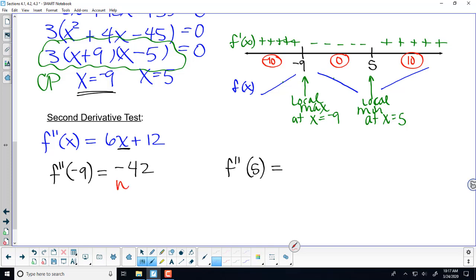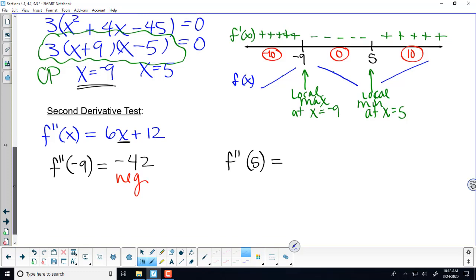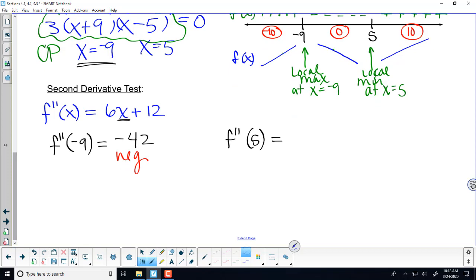The key is that it produces a negative value. So the second derivative test says if you get a negative value in the second derivative, that tells me, remember, the second derivative tells us about concavity. And if it's negative, it's telling me that the function is concave down.